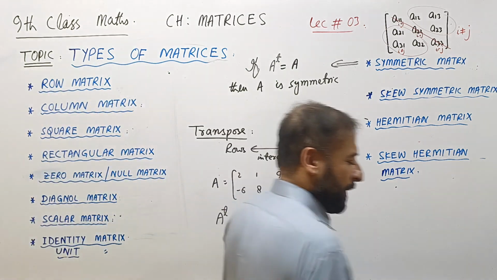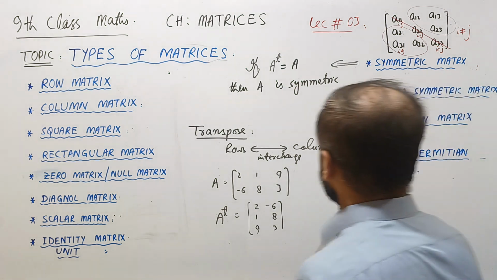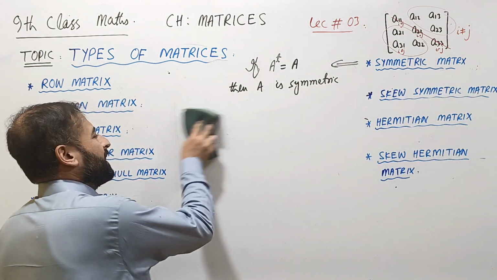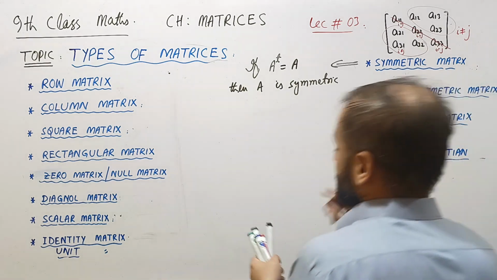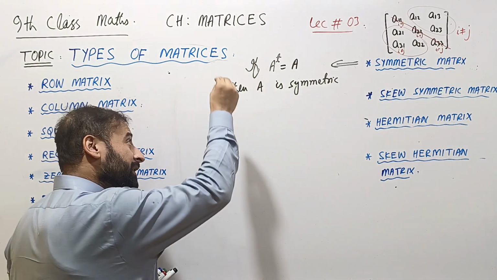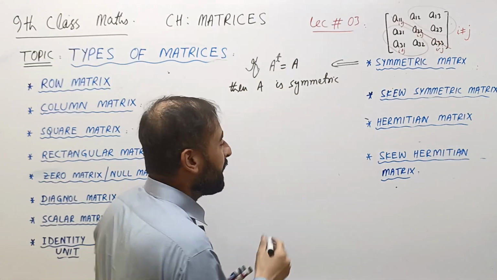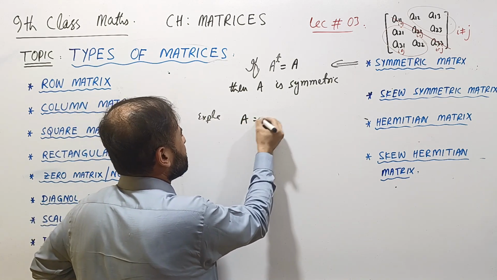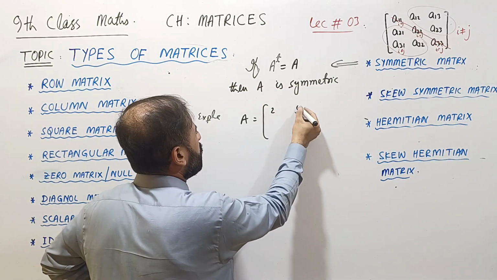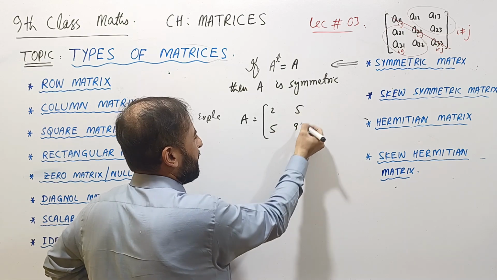So if we have a matrix in which A transpose is equal to A, then it will be symmetric. And students, the matrix must be a square matrix. If not, then this condition automatically can't be fulfilled. Give me an example. This is a matrix: 2, 5, 5, 9.